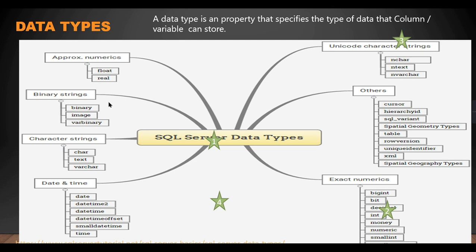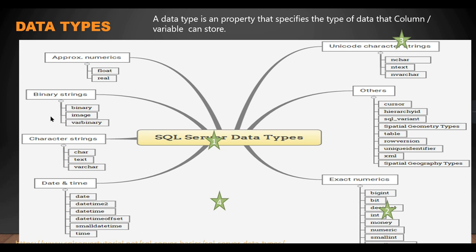And there are certain things like boolean values, whether it is true or false, binary 0 and 1s. Those things you can show as a binary. Then varbinary, and image is for big numbers.